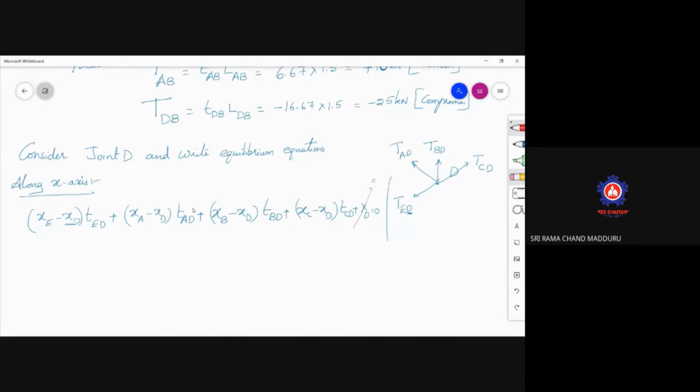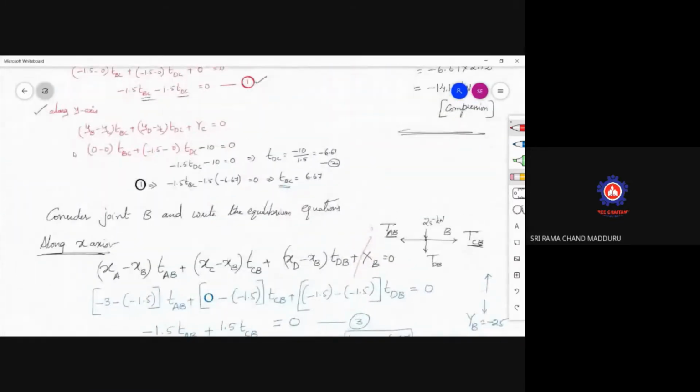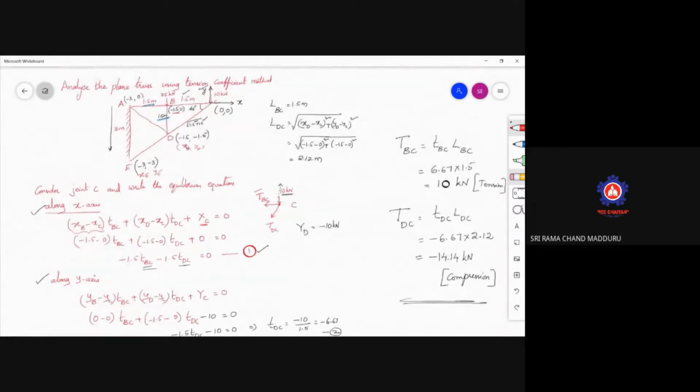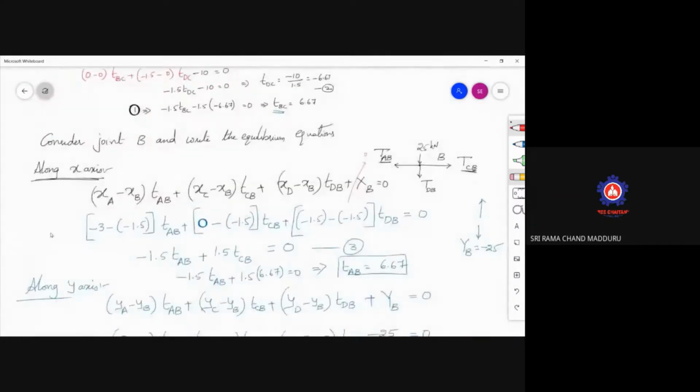Now coming to XE. If you go to the coordinates at E, we have already written them: minus 3 comma minus 3. So XE is minus 3, YE is also minus 3. Similarly, XD is minus 1.5, XA is minus 3, XB is minus 1.5, XC is 0. Substitute all the values.